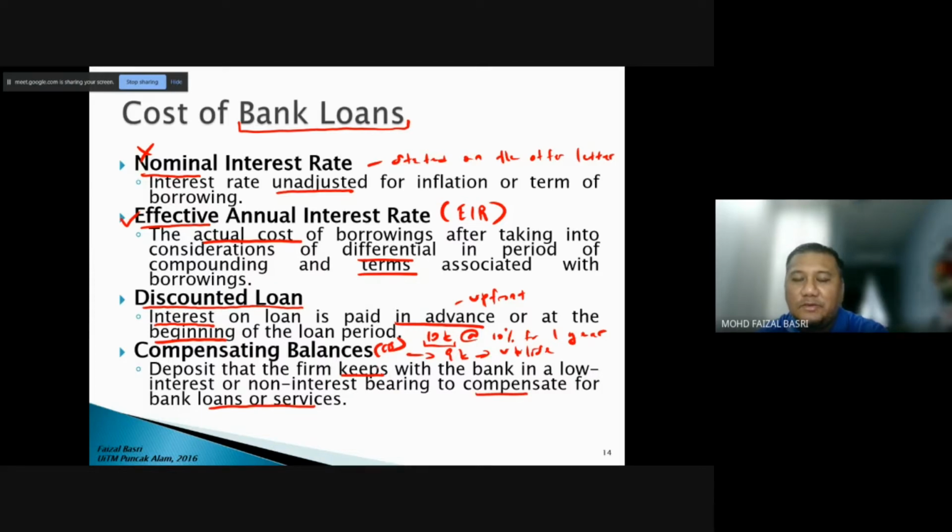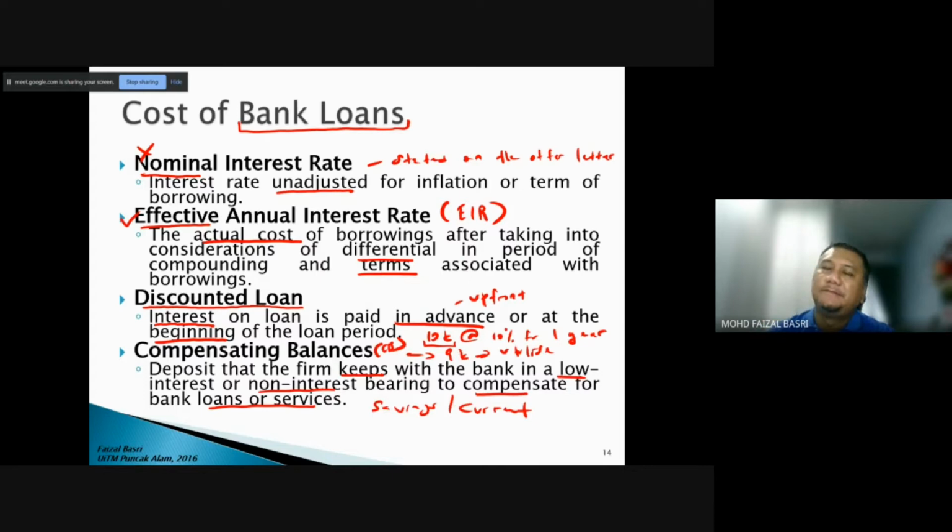So what does it mean here? Usually they will ask you to keep it in either a savings or current account because they usually will ask you to keep it in low interest or non-interest bearing. Low interest is savings, non-interest is usually the current account. So either of these two.